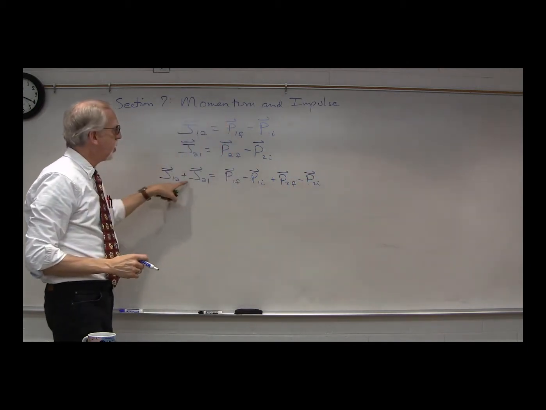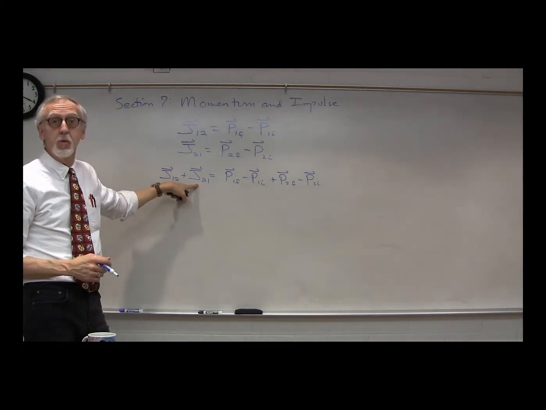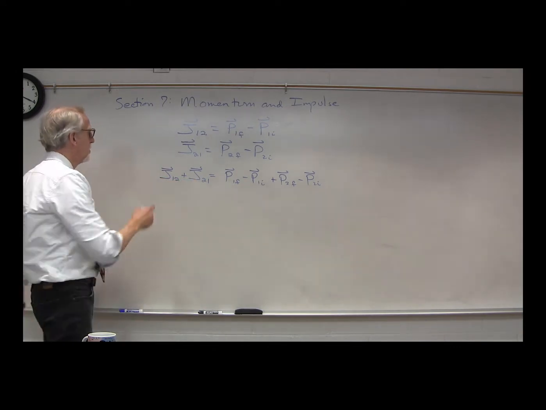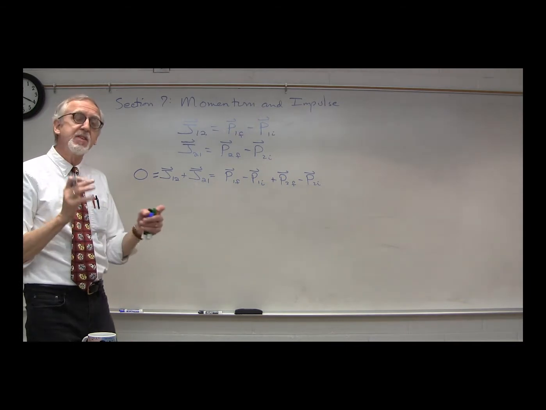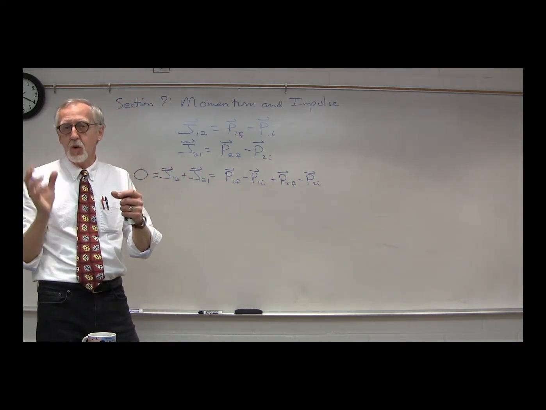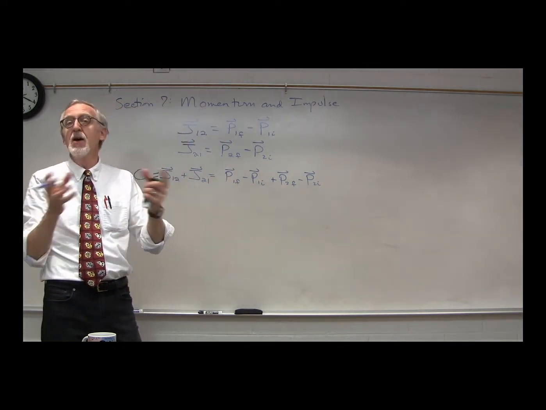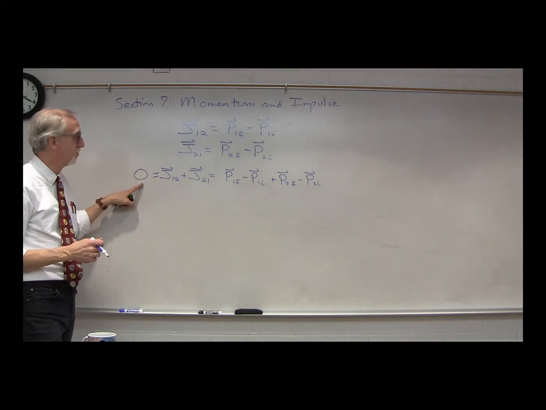Now, what is J12 plus J21? Well, remember, these are equal and opposite. If they're equal and opposite and we add them together, we get 0. So the sum of the two impulses, the impulse that object 1 exerts on object 2 and the impulse that object 2 exerts on object 1, they are equal and opposite, so adding them together gives us 0.